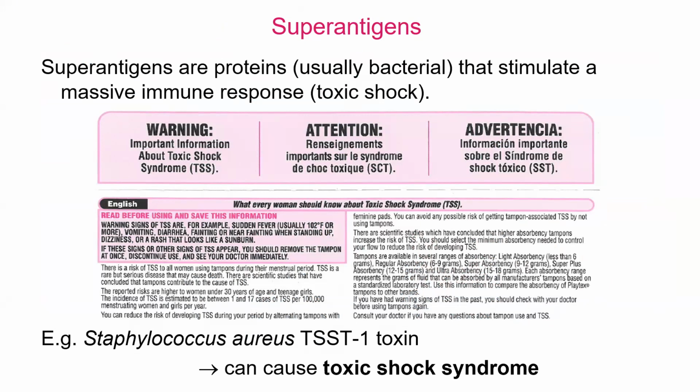Kind of the number one super antigen is this one here, TSST1, a toxin associated with toxic shock syndrome. So that's what's meant by super antigen, right? You've got a toxin that's not just doing damage to the body, but it's also being recognized by the immune system as something weird. And then you get this elevated immune response.